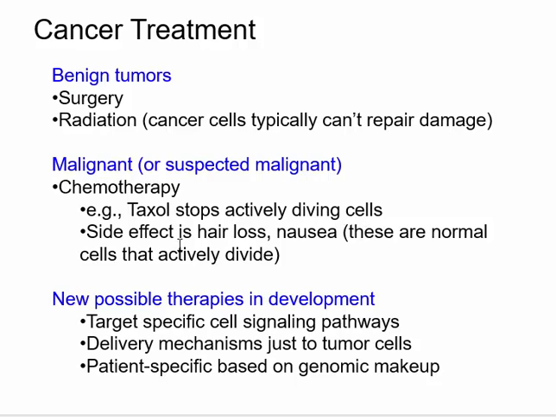Because those are associated with cells that also have high turnover. And so those cells are not able to actively divide like they normally would. And that's where you get that hair loss and nausea associated with chemotherapy. All right, so we'll talk some more about cancer in a later chapter, and that's it for this round of cell division.